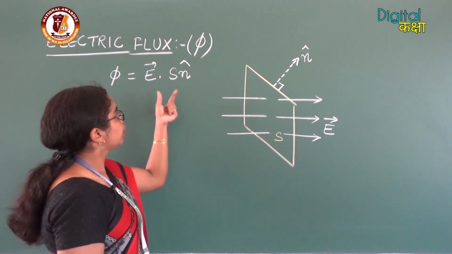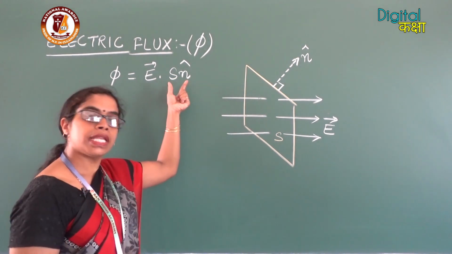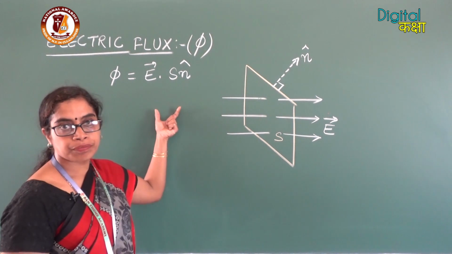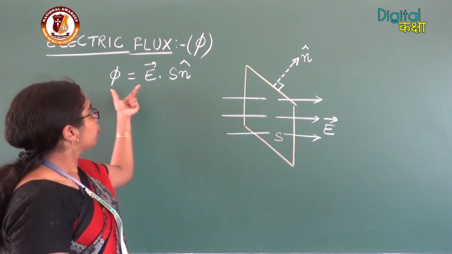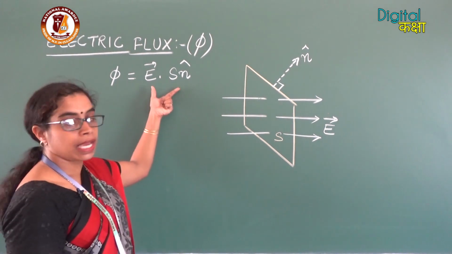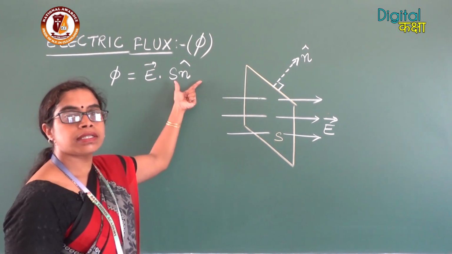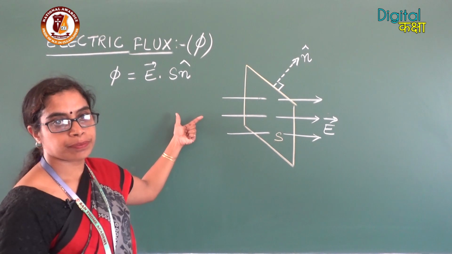We know that when a unit vector is multiplied by any quantity, its magnitude is not changing. So this way, the electric flux is defined as the dot product of the electric field and the area vector.